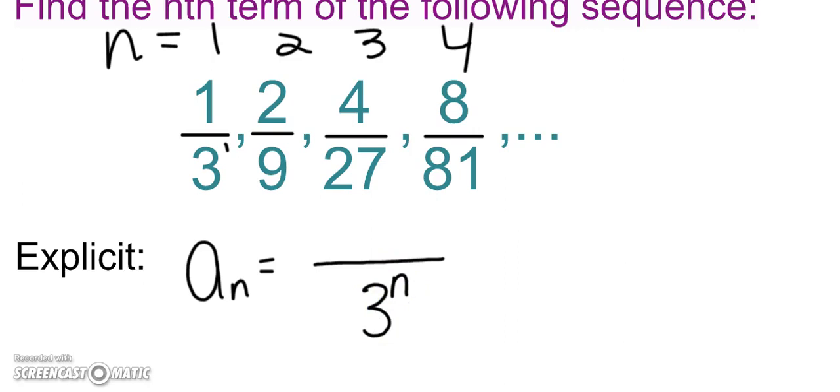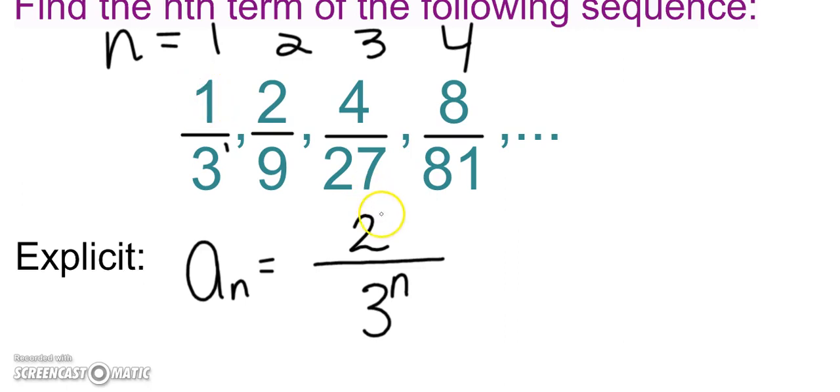In the numerator, you're multiplying by 2 every time. Okay? So we want to have a base of 2 for exponential, right? Repeated multiplication turns into exponential. But this is not 2 to the first, not 2 to the second, not 2 to the third, not 2 to the fourth. This one is 2 to the third, this one is 2 to the second, this one is 2 to the first, this one is 2 to the 0.